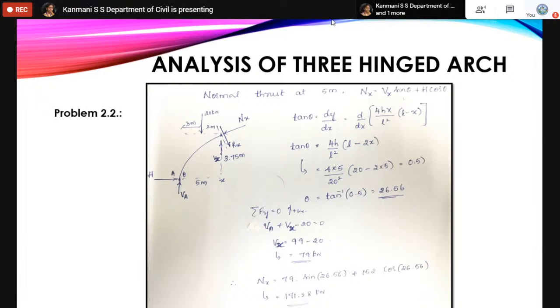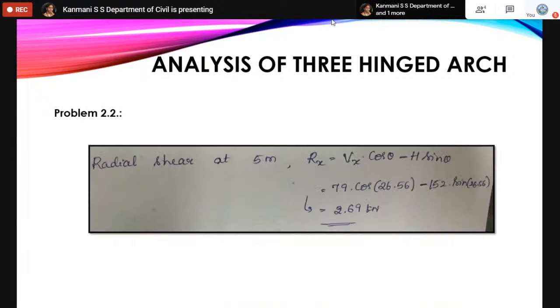And we need the radial shear. Radial shear formula is Vx cos theta minus h sine theta. If we put the values, we get the final answer of 2.69 kilonewton radial shear acting at a distance 5 meter from left support. This is how we solve the problem of a three-hinged arch in detail.